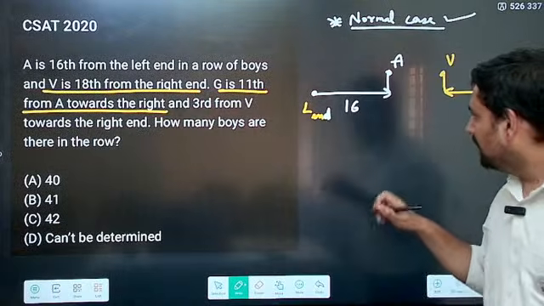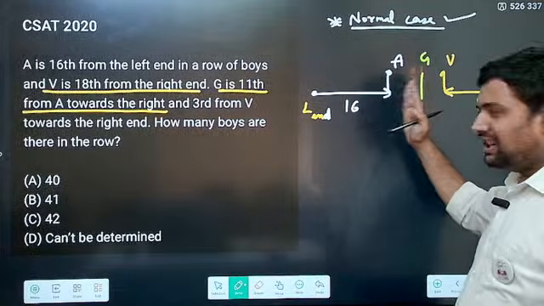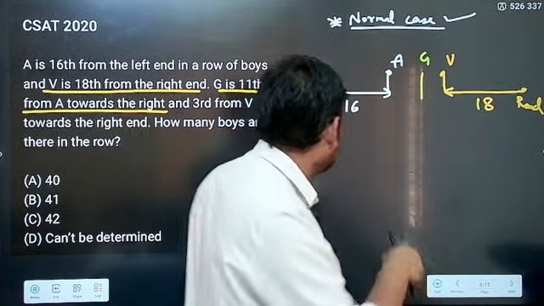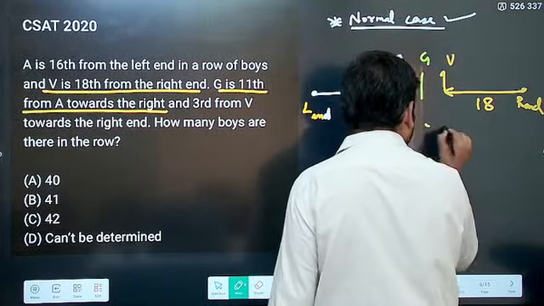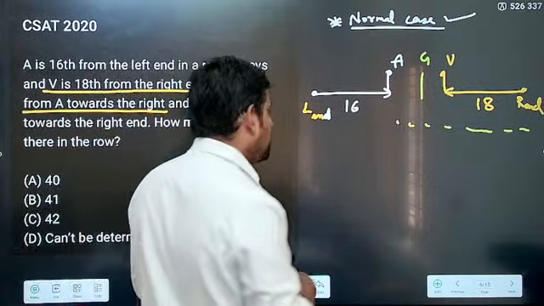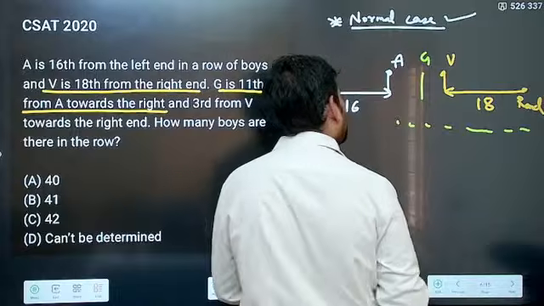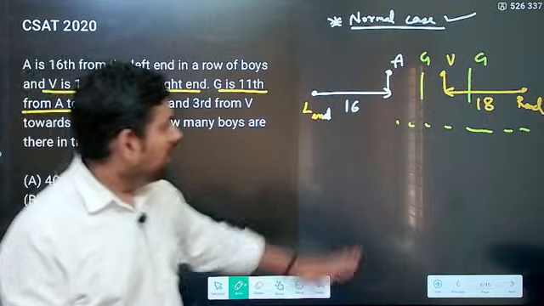Now there are two possibilities. Either G is here or G is 11th from the right of A. If I am A, then this is my right, so G has to be somewhere here. But where? That is the question. One possibility is G lies here. The other possibility can be that G lies here, or more here.